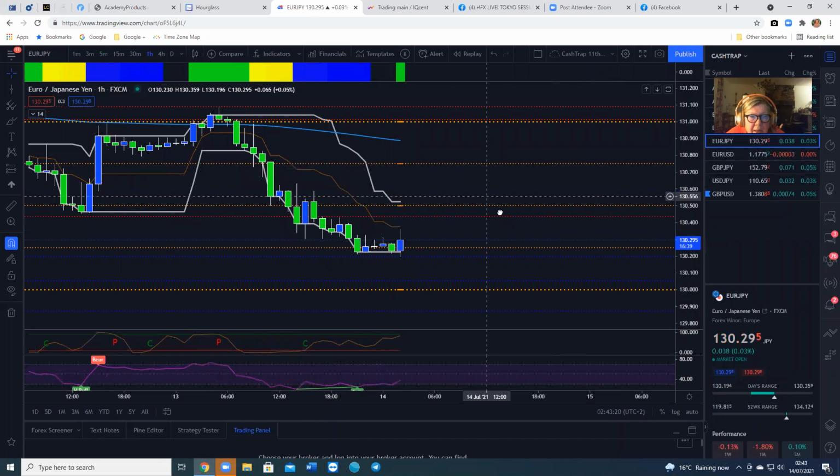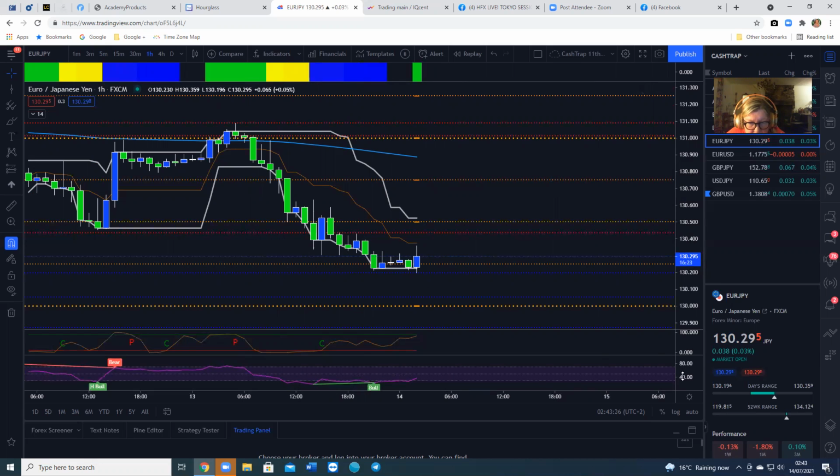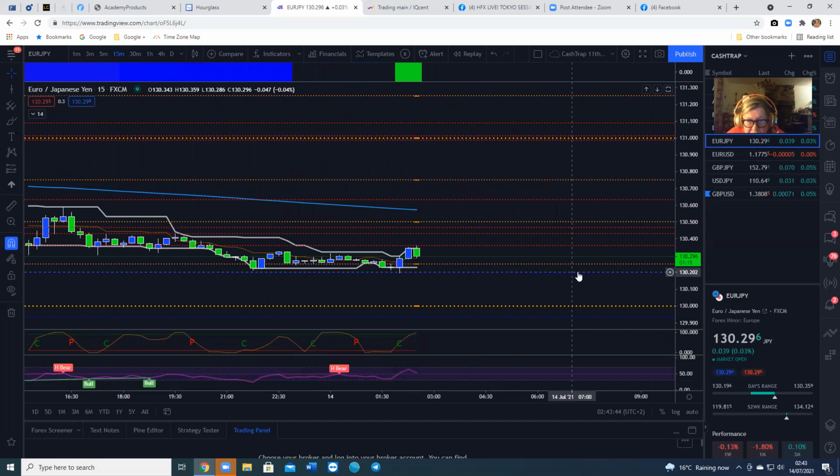So this is on the hourly with Euro JPY. You can see it's bottomed out around about that 250 level, 228. We have got hidden bull there, 228. Upper range on the 15-minute.